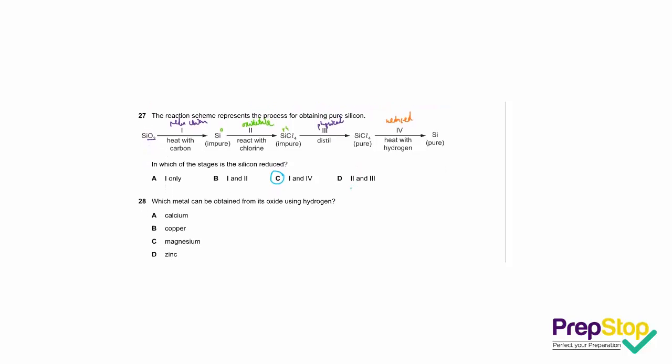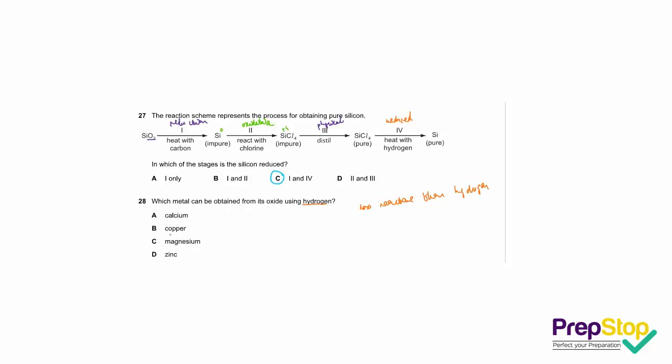Question 28. Which metal can be obtained from its oxide using hydrogen? So we have been given calcium, copper, magnesium and zinc. We need to find the metal which is less reactive than hydrogen, so that hydrogen can displace it from its oxide.